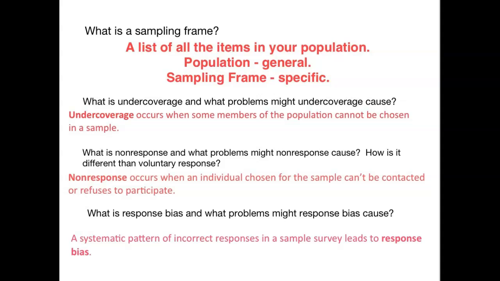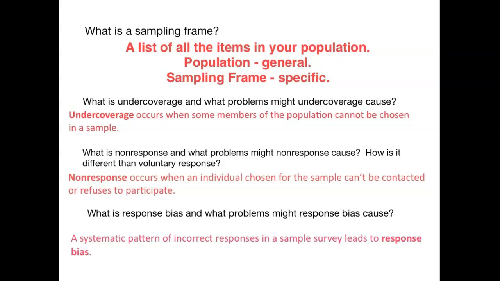So non-response is also an issue in specifically things like polling, and that just occurs when people refuse to participate, right? So when you take a random sample, you have to go to your sampling frame first, decide on that sample, and then go contact those people in that sample.